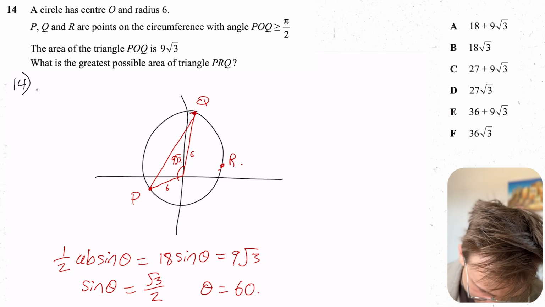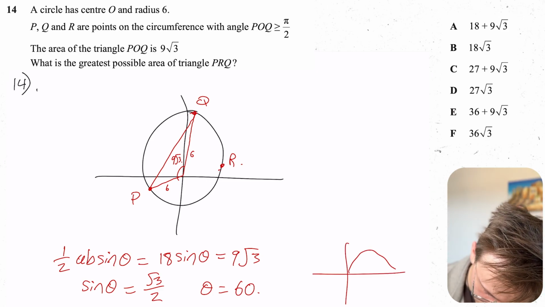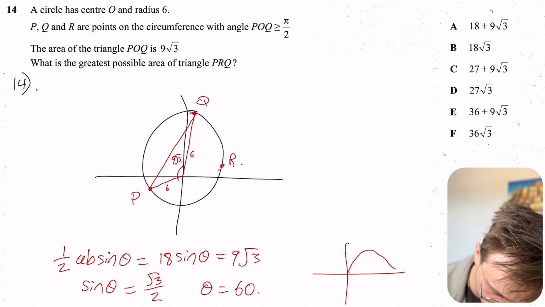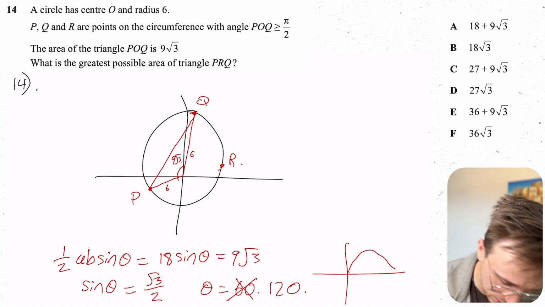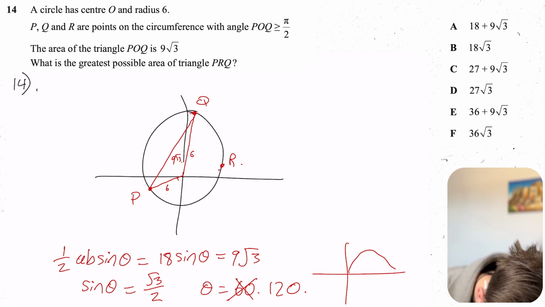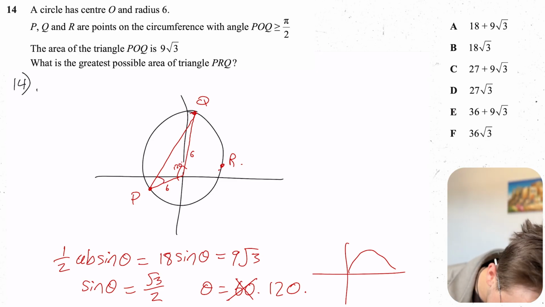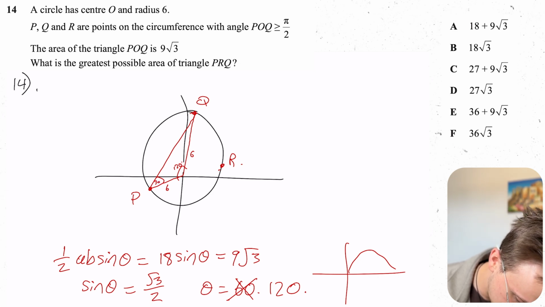They've told me it's greater than 90 degrees, so it must be, by sine, 180 minus 60, which is 120 degrees. So this is 120. Cross this out. This is 120 degrees. Therefore, this is what's left. So it's 120 of 180, so there is 60 left, so 30 degrees.